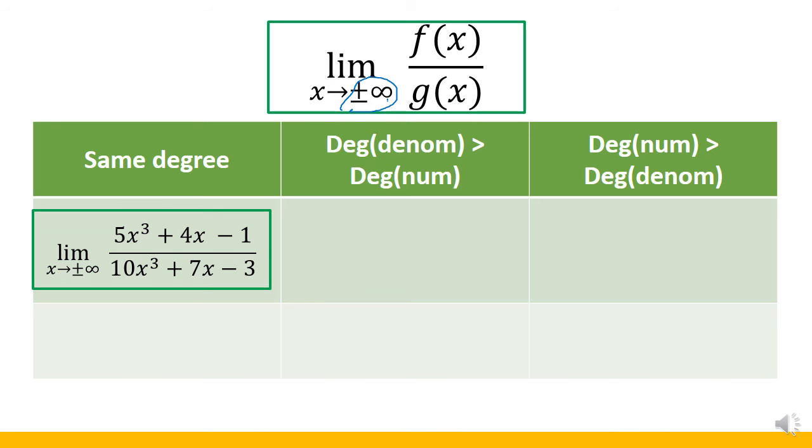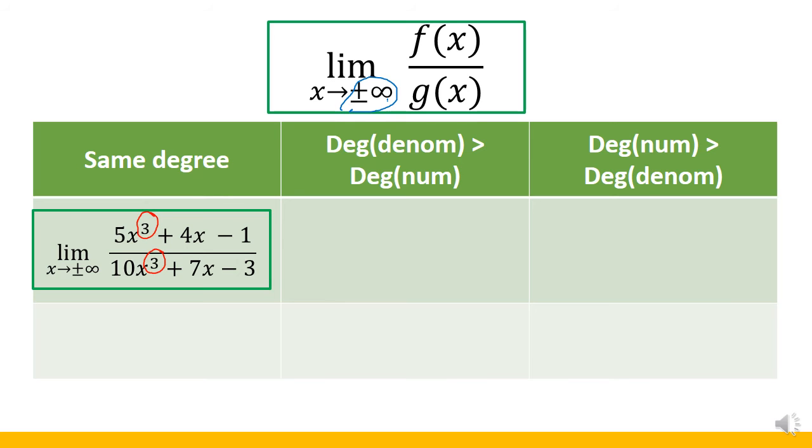First one is having these two polynomials. So we're considering polynomial functions here, rational functions, wherein f of x and g of x are polynomials of the same degree. Let's change the color of our pen. Same degree means the highest exponent for the numerator and the highest exponent for the denominator are the same. Just like in here, both have a degree equal to 3.